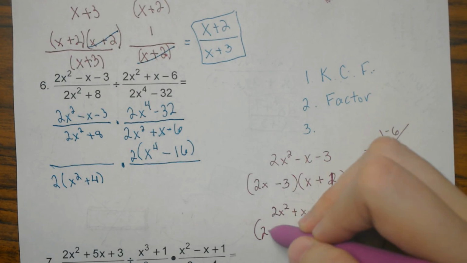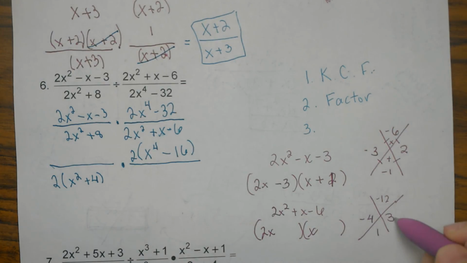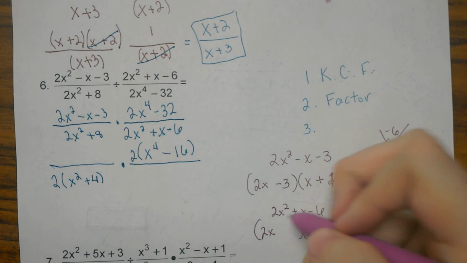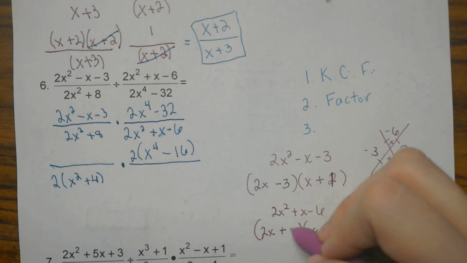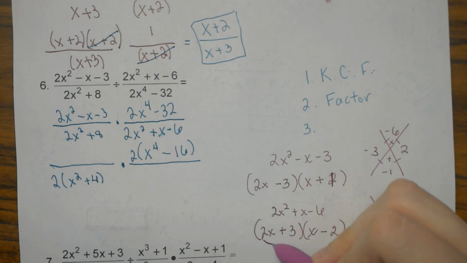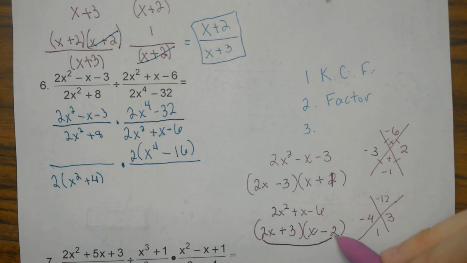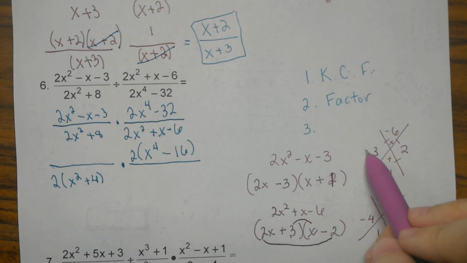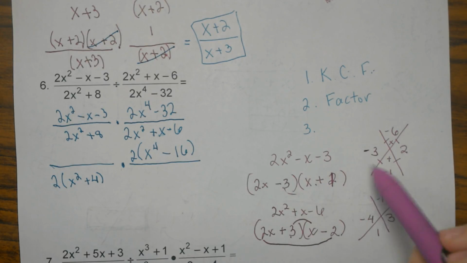So this one, 2x and x. 3 is going to go where I'm not going to multiply by it. But to get a negative 4, that's in my outer. 2 times negative 2, and my inner is 3. So just like here, my inner was negative 3, and my outer was 2.